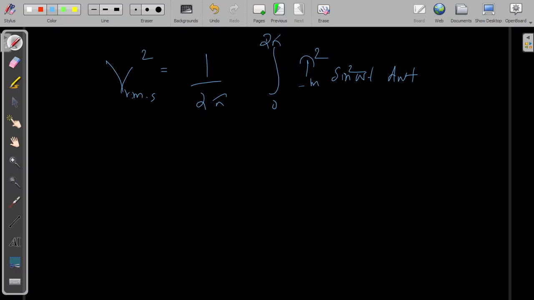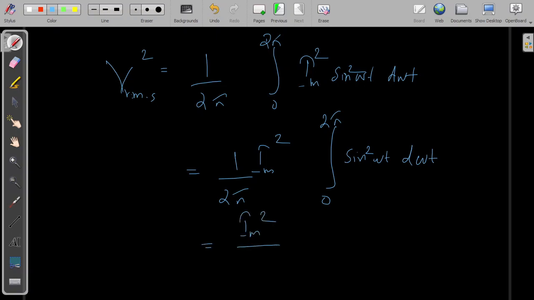Im square sine square, that's equal to 1 by 2 pi Im square integral 0 to 2 pi sine square omega t d omega t. So that will be equal to Im square by 2 pi integral 0 to 2 pi, where sine square omega t is nothing but 1 minus cos 2 omega t by 2, d omega t.